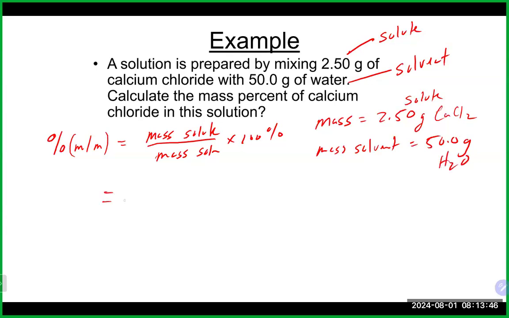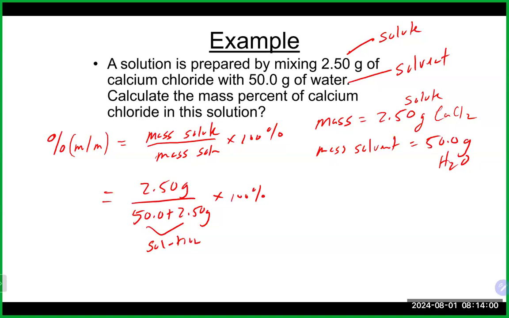And that means when we would calculate this, we would take our 2.5 grams. We want to make sure, as we talked about before, that we add both of these together. That is going to give us our total solution, and times it by 100%. So again, 2.5 divided by 50 plus 2.5 times 100.